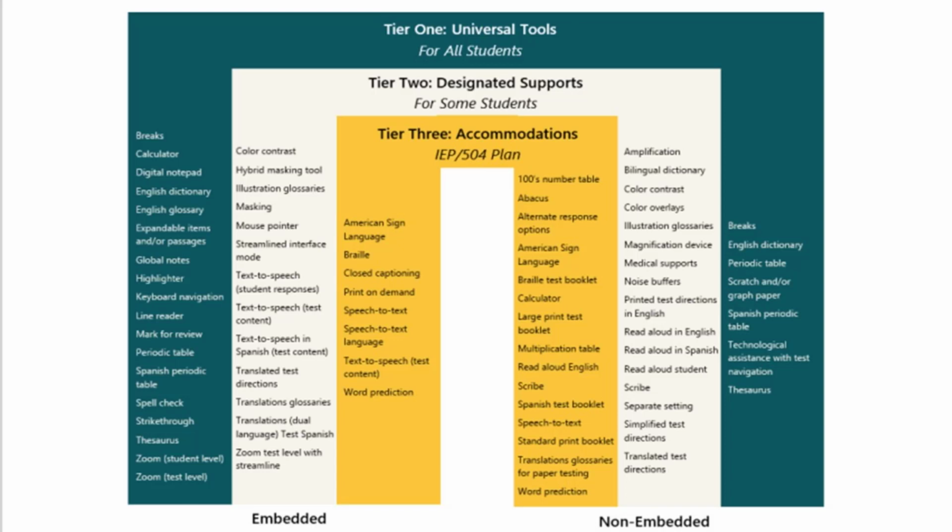We have this toggle option or we have the stacked option. So really we're starting to see in this area of universal tools, designated supports, accommodations, where there's a preference in here, right? Like how does the student best access that? Is stacked on top of each other the best for the student or toggling back and forth?